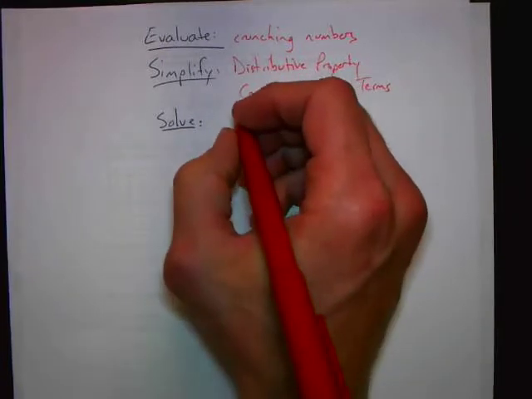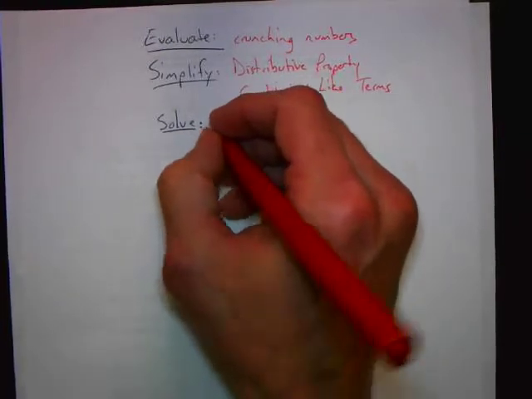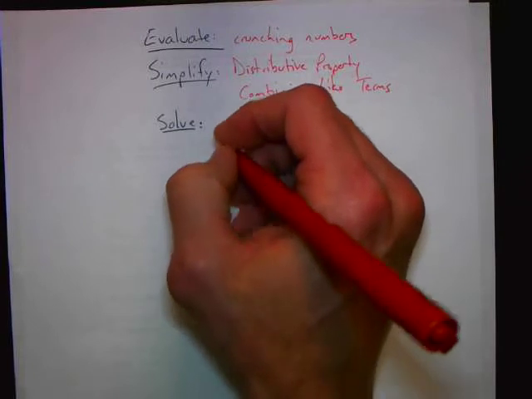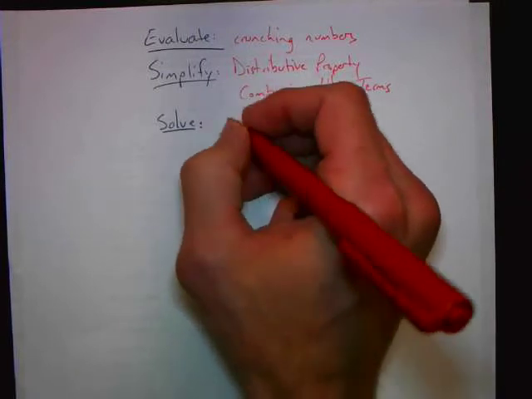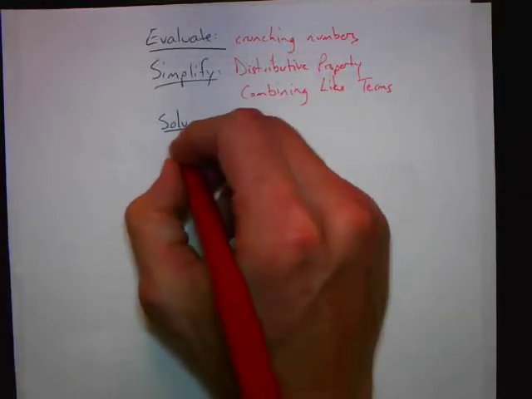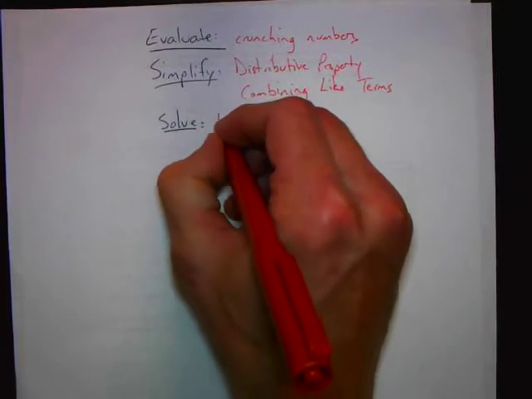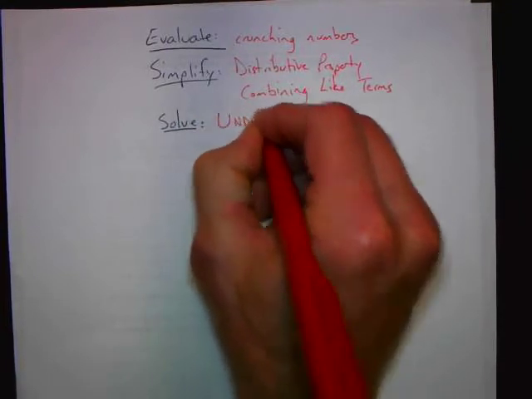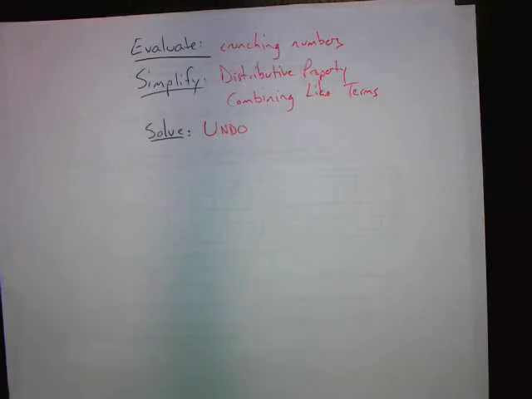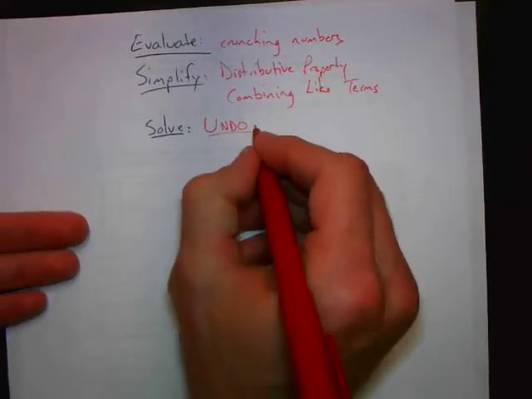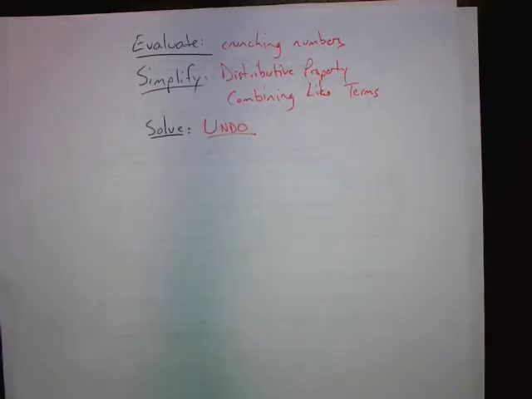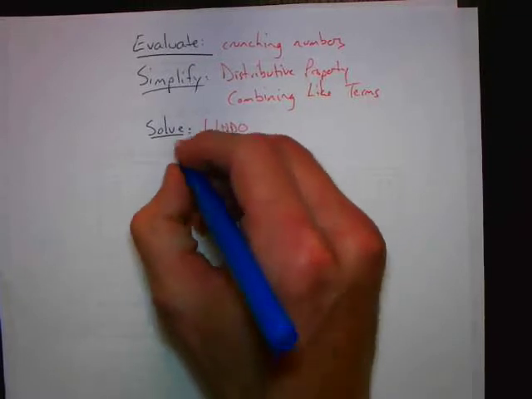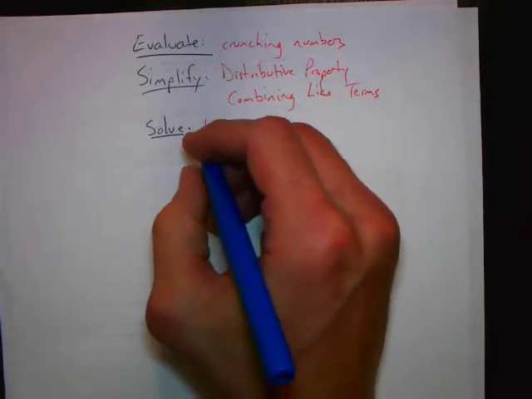And the whole concept of solving is basically like solving a crime. You want to retrace your footsteps to go back to the scene of the crime, and it's the same thing with solving equations. When we solve equations, we're going to be doing a lot of what I call undoing, and what I mean by undoing is using operations and their inverse operations. When we undo something, we have to use the inverse operation.